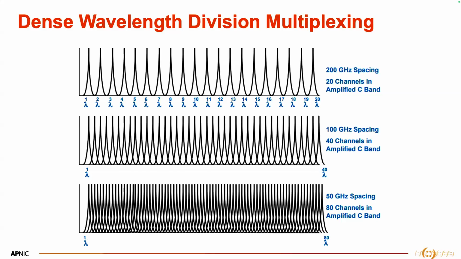So for different kinds of spacing, there are different numbers of channels. You can increase the number of channels by lowering the spacing between them. For example, I will go with 50 gigahertz spacing and use 80 channels in the C band to maximize the capacity in my network. Yes, you can.